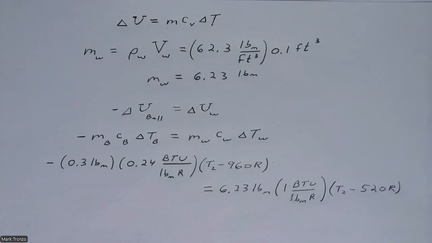And notice we're assuming equilibrium at the end, so we're assuming this T2 and this T2 are the same. If we didn't wait for equilibrium, we couldn't have the same value here. We're assuming they're going to reach equilibrium.